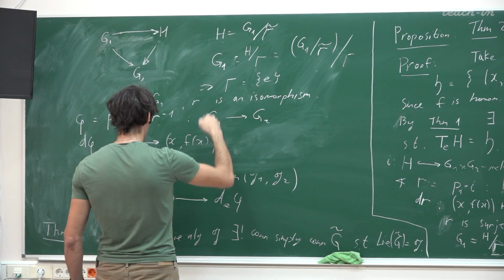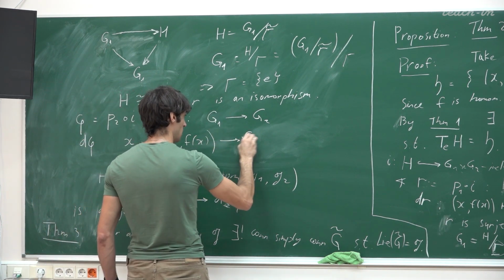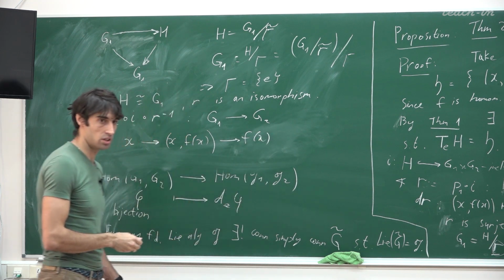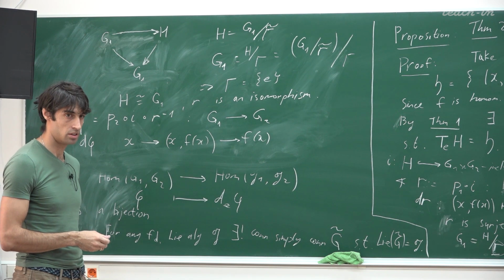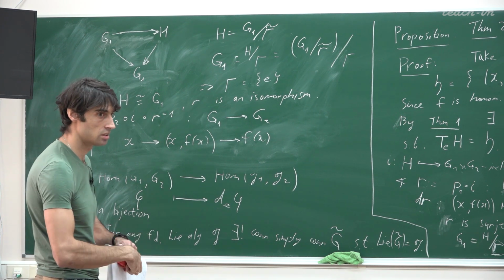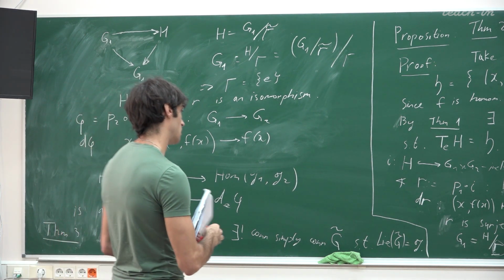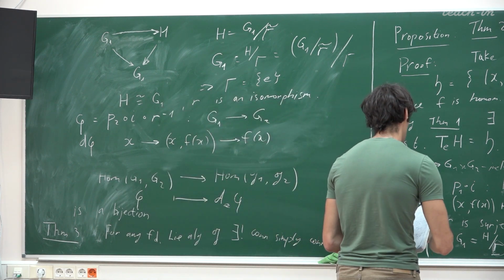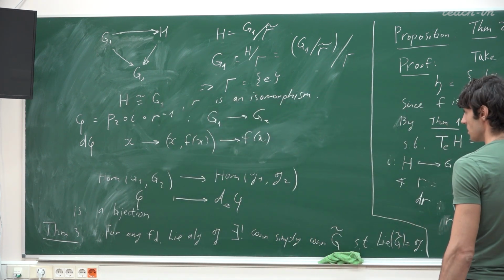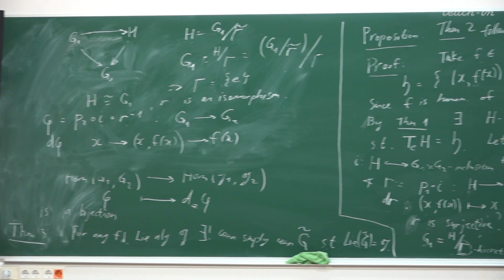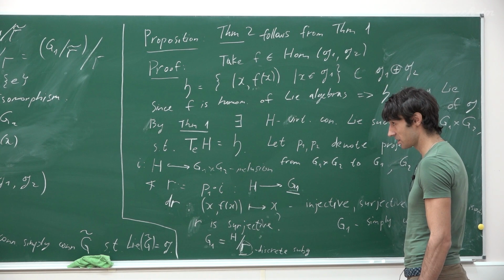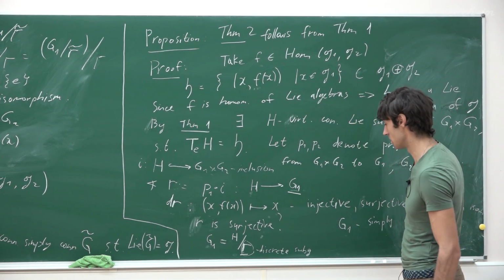And then I project to the second component. So really d phi is our map f. Okay, so up to this surjectivity, we proved the proposition.